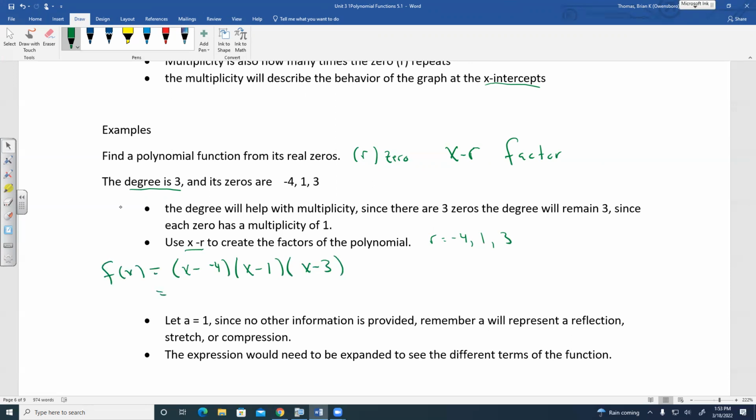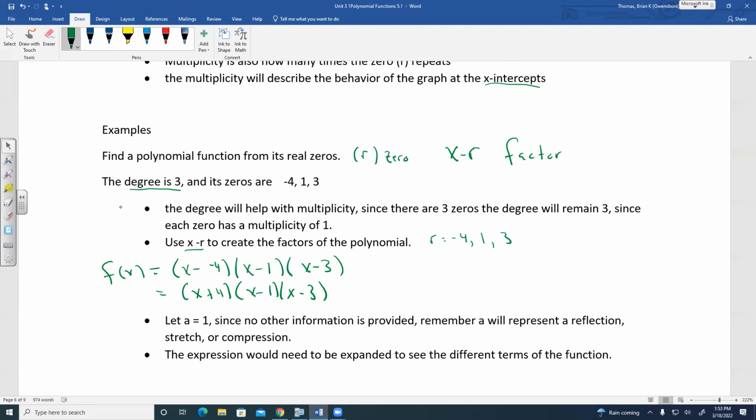Notice how x minus -4 really just means x plus 4. So that sign basically just changes: x minus 1 times x minus 3. When you turn these into factors, you're just going to have this x, and the signs are going to change. Since that's -4, it turns into a +4. If it's a +1, it turns into a -1. If it's a +3, it turns into a -3 when we revert it back to factors.